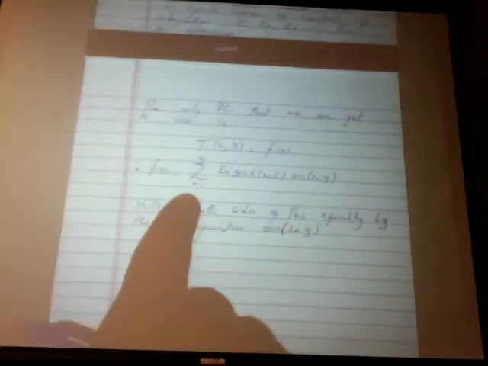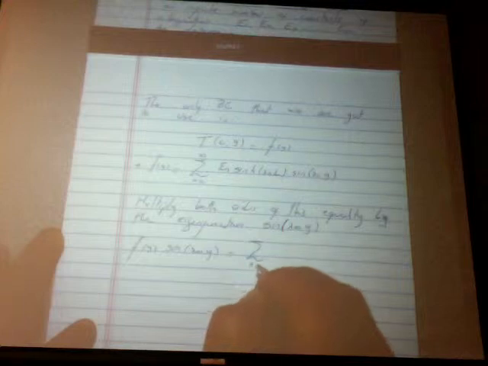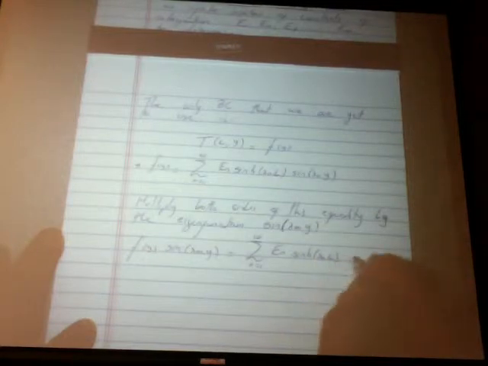And I'm going to use a different index because I cannot use the same index and plug it inside the summation. So this is going to be f of y times the sine of lambda_m y is equal to the summation from n equals 1 to infinity, E_n sinh of lambda_n L sine of lambda_n y times the sine of lambda_m y.